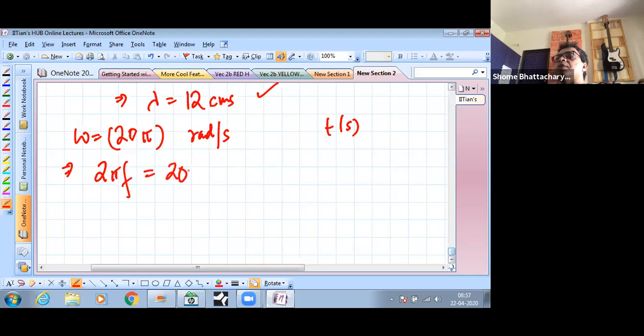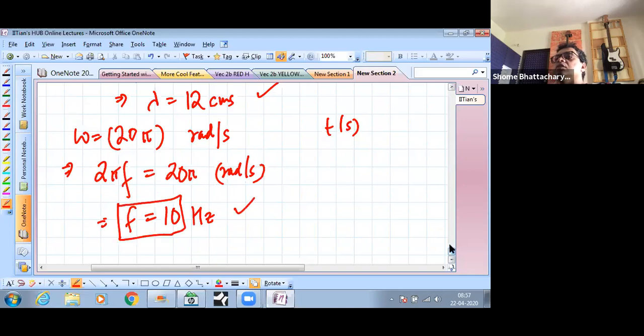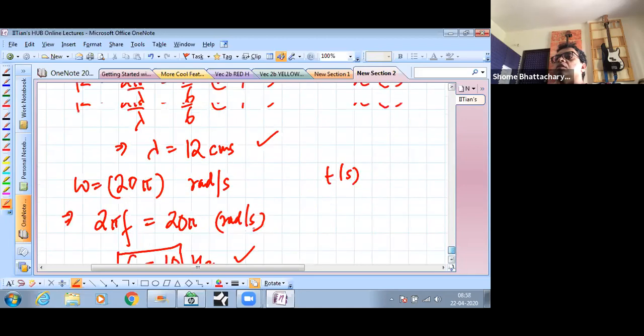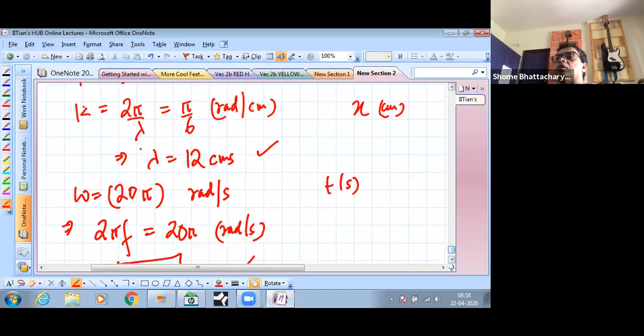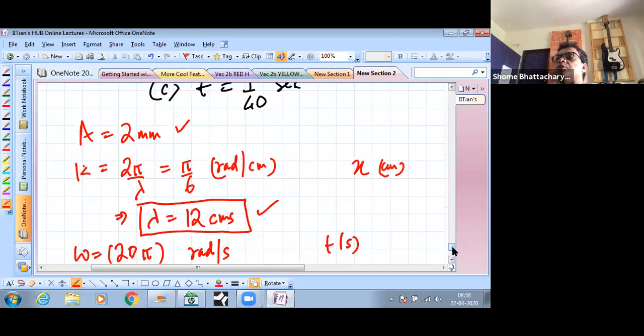So that is 20 pi radians per second. So the frequency is 10 hertz, or 10 cycles per second. So we have frequency, we have wavelength, and we have the amplitude from before.